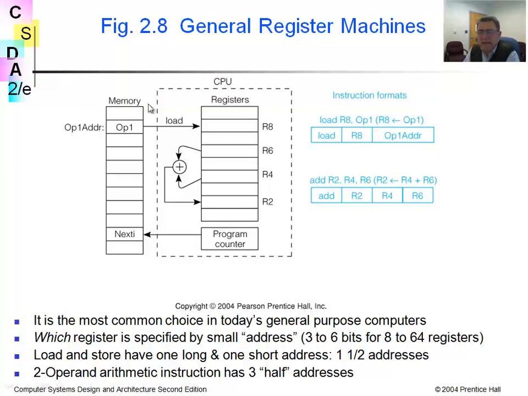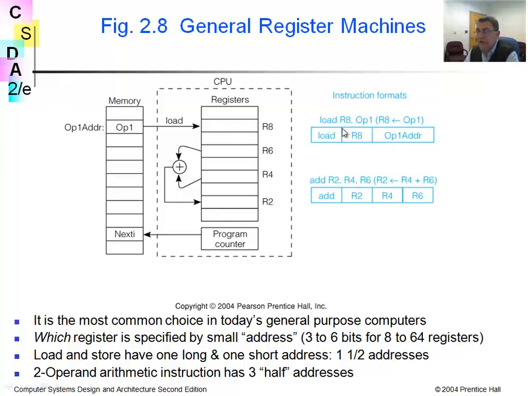And then the CPU issues the instructions, it fetches the instruction and decodes it, understands what's going on, and then goes after those addresses and brings in the operands and adds them up and stores the results.